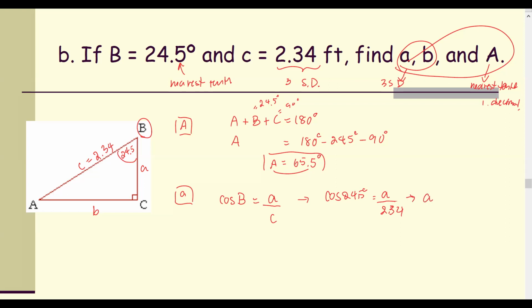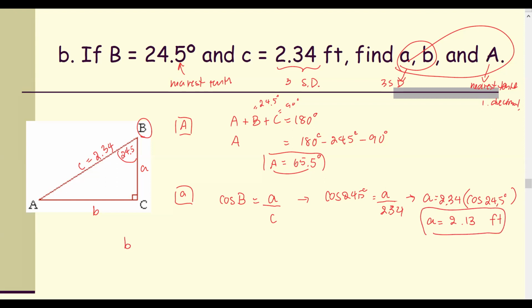Therefore, side A would be 2.34 multiplied by cosine of 24.5 degrees. Put it in a calculator, and that gives us 2.13 feet, which remains three significant digits.